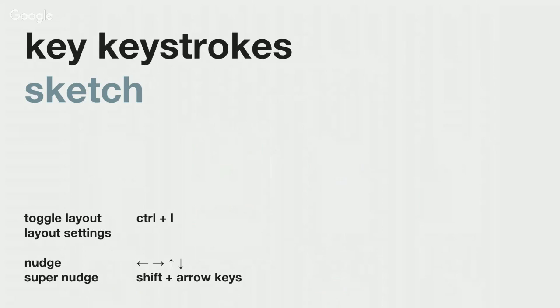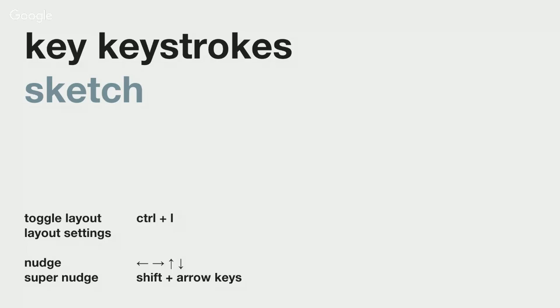Follow along with a Mac neighbor, or there are a lot of good alternatives for Sketch on Windows, such as going back to Illustrator. But in our case, to toggle the layout grid system is going to be Control L, and to actually set it up is going to be in the layout settings.